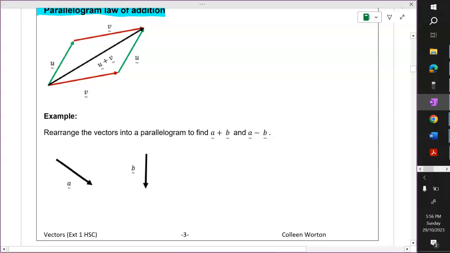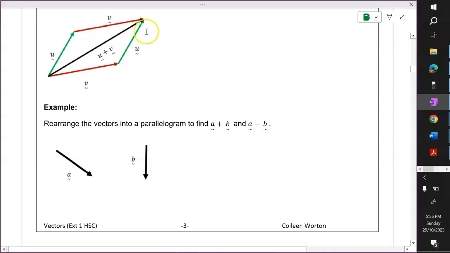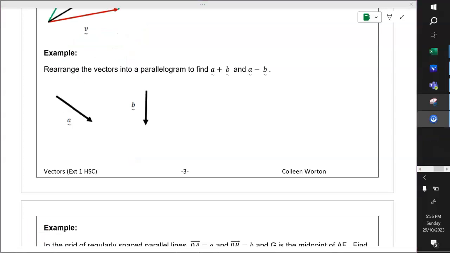Let's look at what we could do if we are going to be adding and subtracting these two vectors down below. It says rearrange the vectors into a parallelogram to find a plus b and then a minus b. We might do it both ways actually. So let's first of all look at doing it with the triangular method.